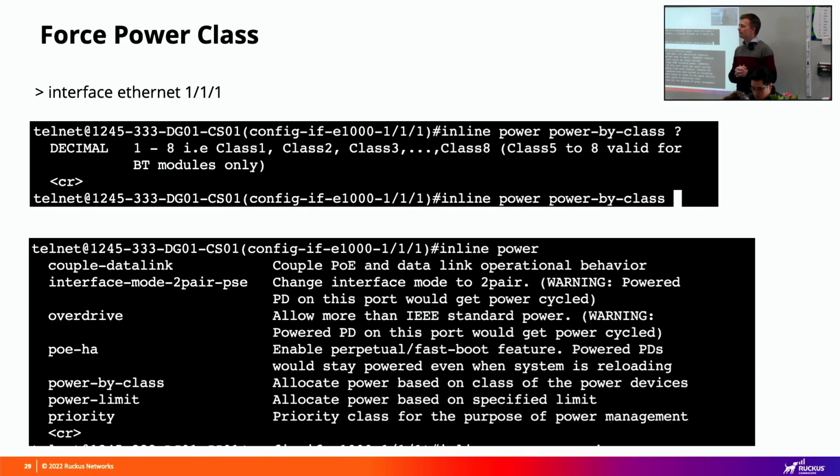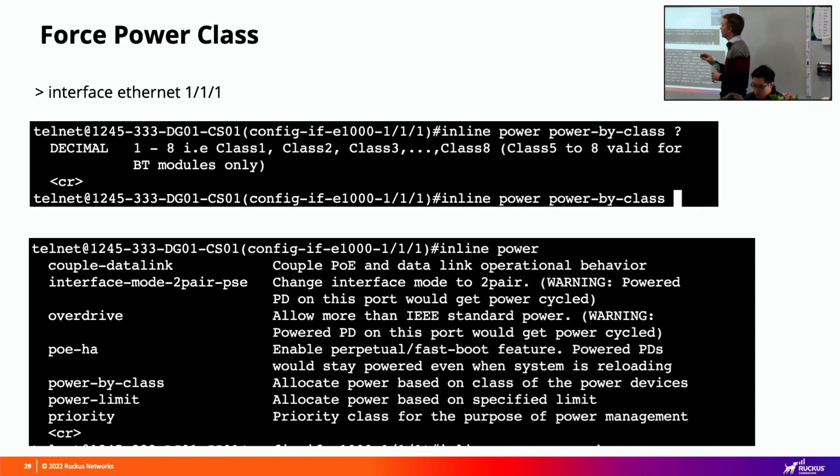At Ruckus, we're currently working on a software feature for our switches which will allow oversubscription on the power. It kind of breaks the standard by doing oversubscription, though. For the meantime, you can run this command on a switch. If you run this command, you can force the switch to lock that port in at class 3, which is 15.4 watts.